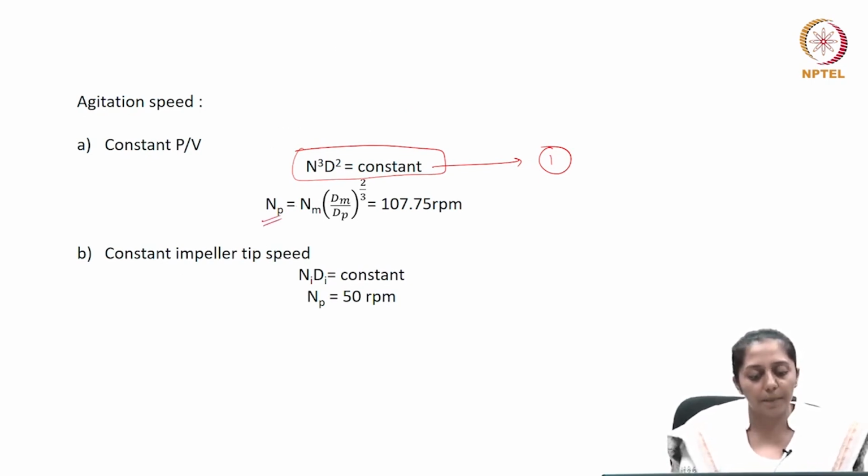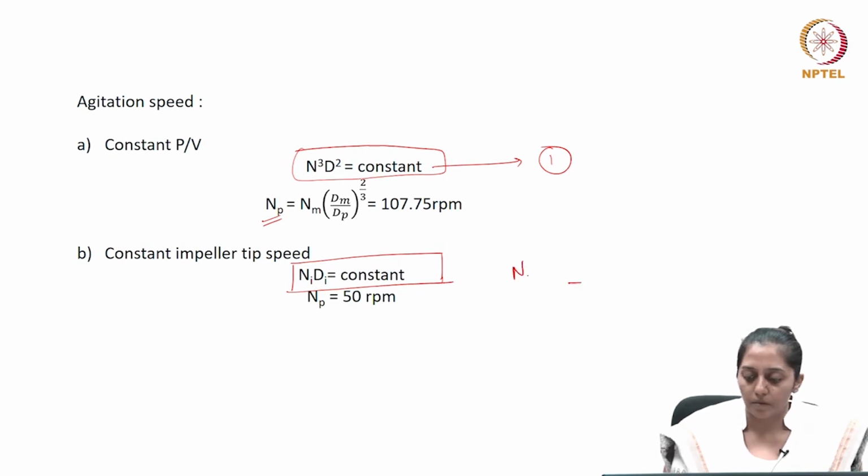Now, constant impeller tip speed, if that is the scale up criteria, then the correlation between the impeller speed and the diameter of the impeller changes as ND is equal to constant. So, if this is constant, we know the scale factor as 10 and the impeller speed as 500 RPM. So, let us assume this is prototype and that is model type. M stands for model type.